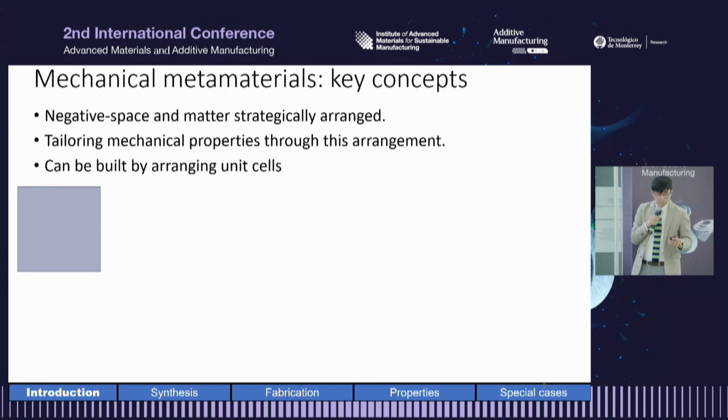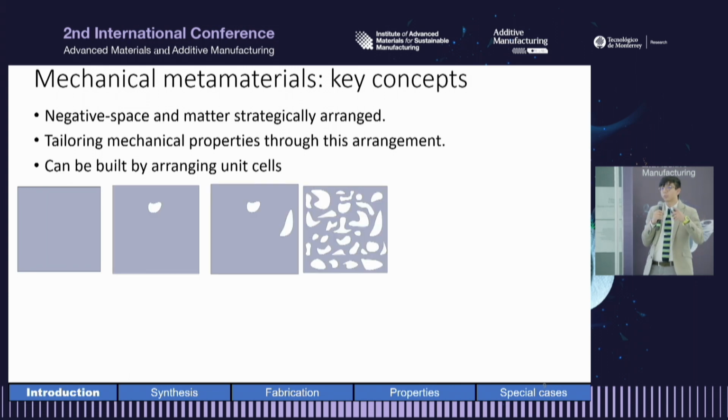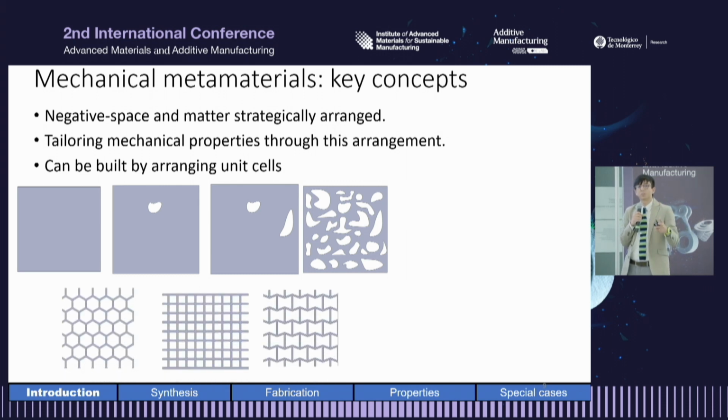So a mechanical metamaterial is this: if you consider a solid block and gradually start removing material from it, and you control the amount of material removed and the shape in which it has been removed from the original structure, then you have come up with a metamaterial, or cellular material, lattice material, foams, or other synonyms around.